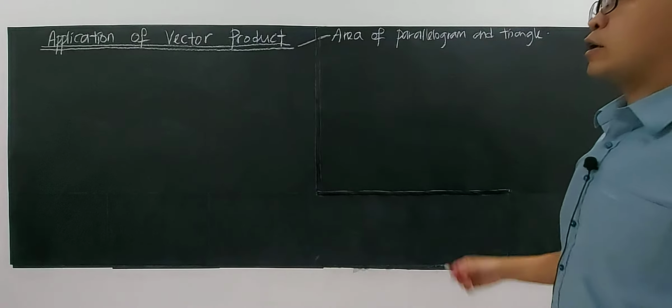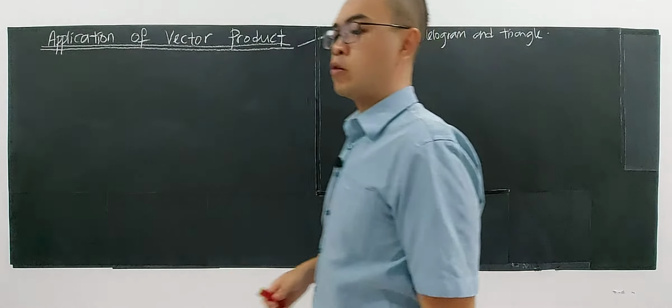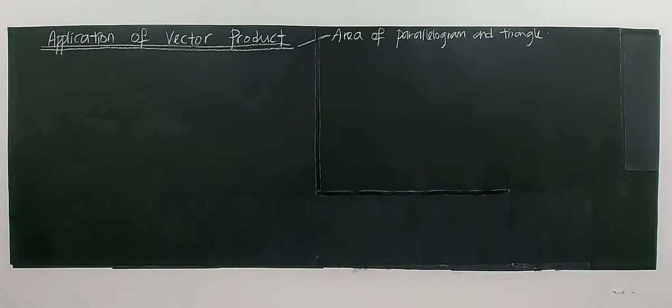It can also be used to find the volume of a parallelepiped, or maybe the volume of a tetrahedron. But mainly in this video, we are just going to talk about finding the area of a parallelogram and the area of a triangle.